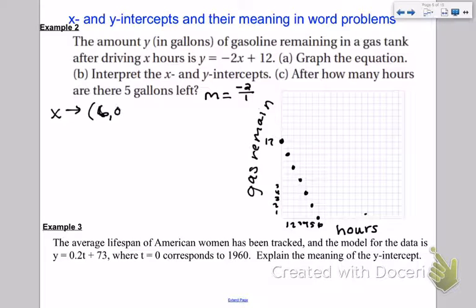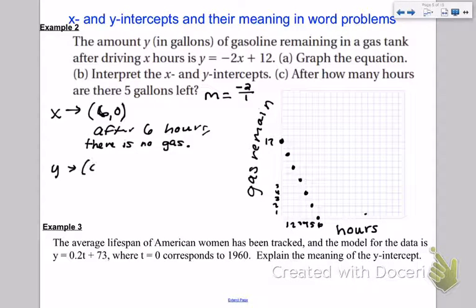So what does that mean? If x is hours, that means after 6 hours, y is 0. What does 0 mean? Gas remaining. There is no gas. Let's look at the y-intercept.